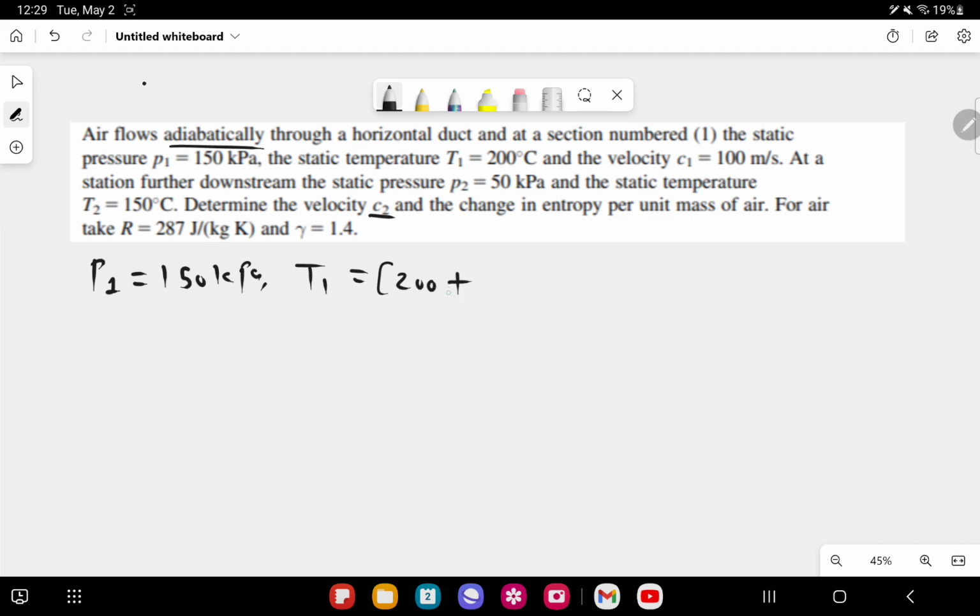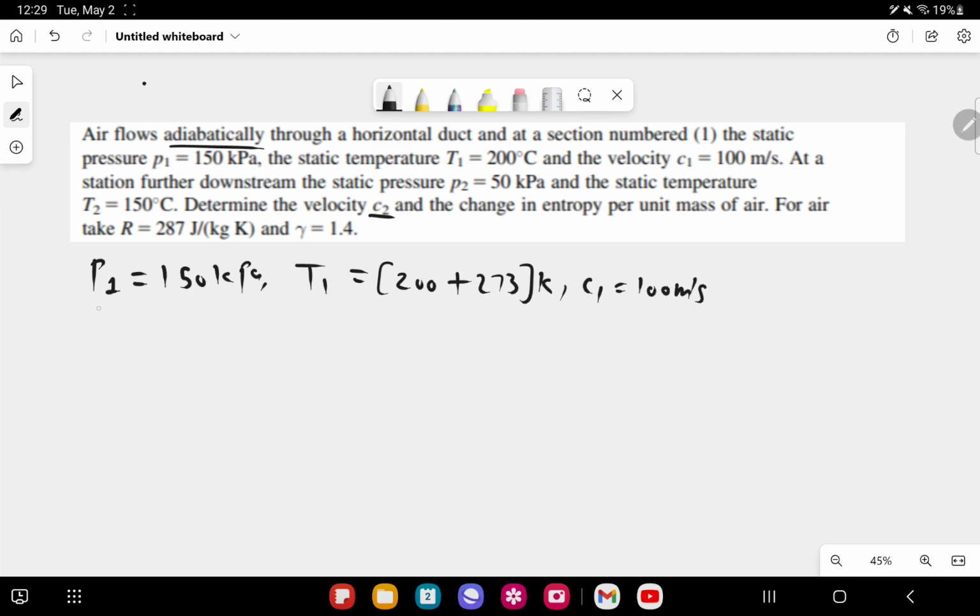Therefore, we need to convert it into Kelvins. So we need to add 273, and the velocity C1 is equal to 100 meter per second.